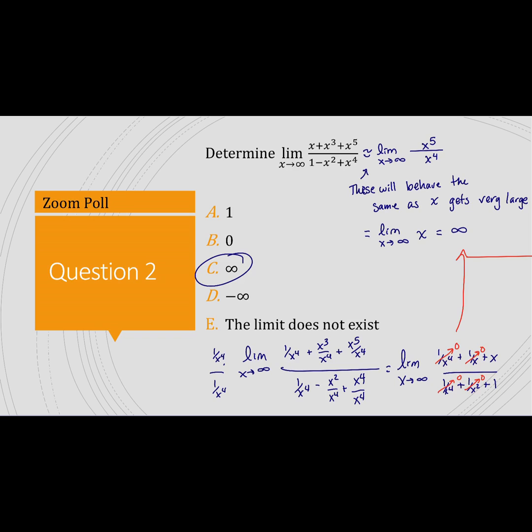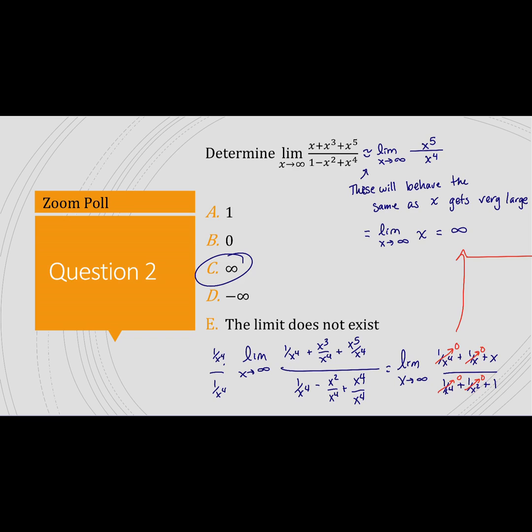So our limit here of this rational function goes to infinity. There's a couple of ways that you can think about this. I like to think about it as looking at what's happening with those leading terms. Sorry, I get leading term and leading coefficient confused in my head all the time. Those are the terms that have the highest exponent on the top and the bottom, because as x gets really large, that x to the fifth on the top and the x to the fourth on the bottom are going to take over.